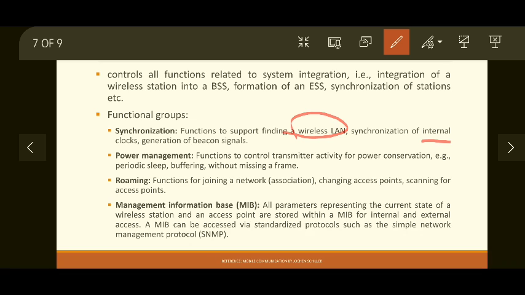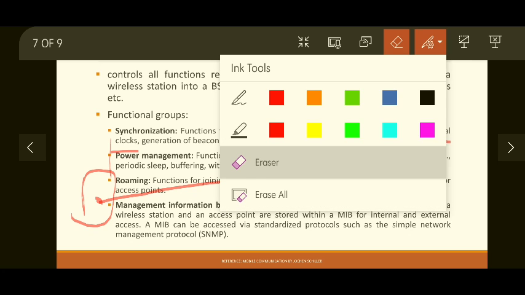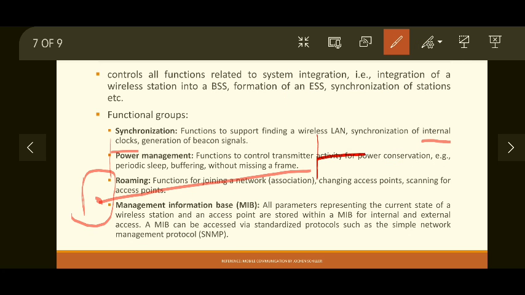So the internal clock of a mobile handset should match with the internal clock of an access point.